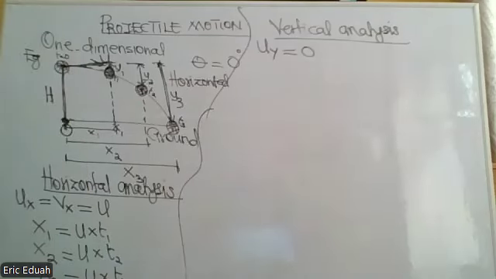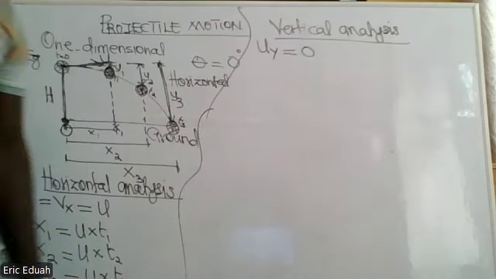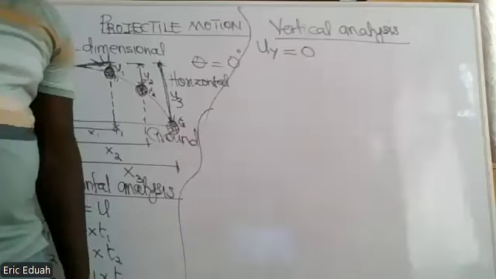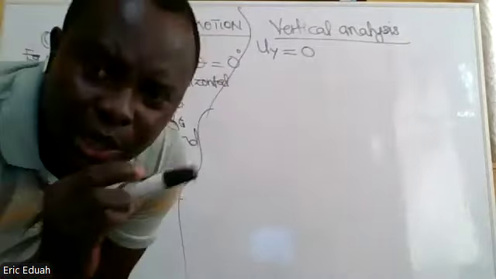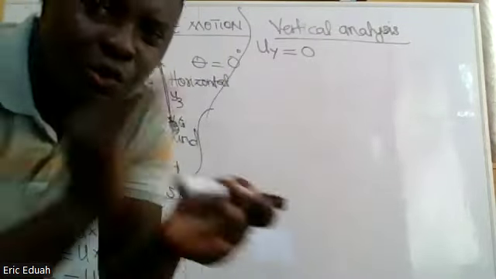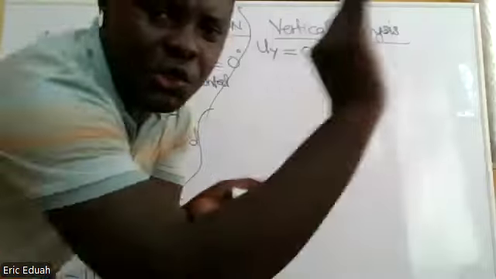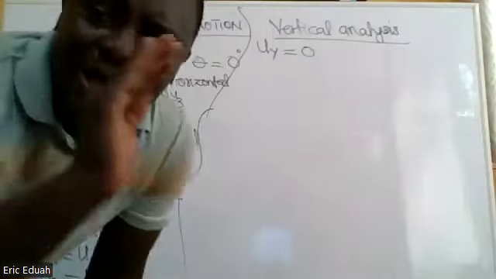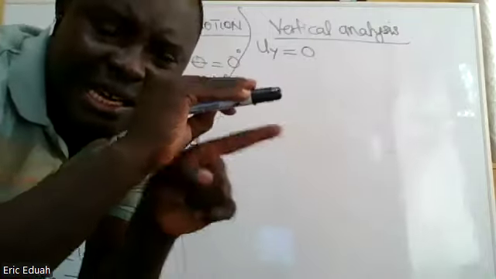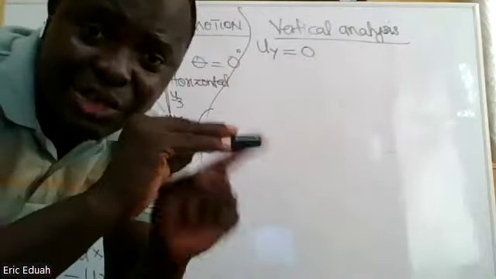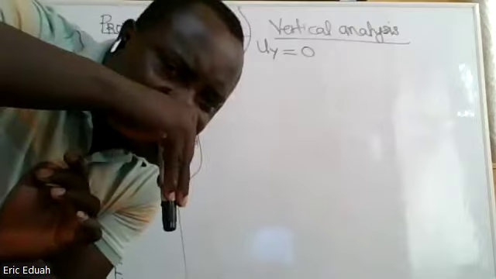Because when it's being projected at first, it's being shot horizontally. Exactly. It's like throwing a shot put. You hold it, you shoot it horizontally. So the velocity which is actually moving the body, its direction is 100% horizontal and nothing vertical.